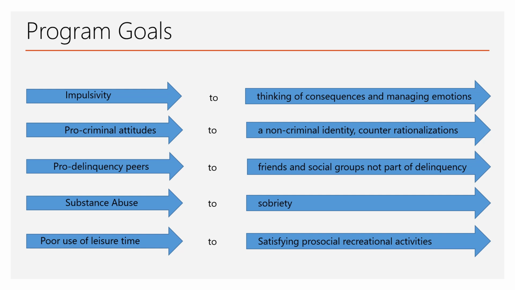If somebody has poor use of leisure time, right, they're just hanging out or they're using their leisure time just getting into trouble, right, we want to help them develop satisfying recreational activities that are pro-social, right, because these can help increase that informal social control.